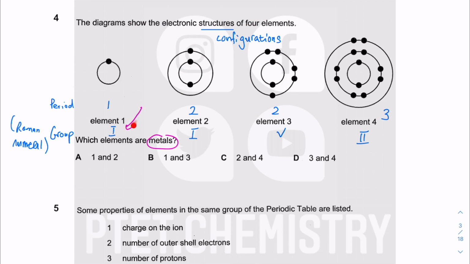usually we will associate it with metal. Usually metal, however, you need to be careful. Period 1, group I, only one electron. So we are looking at hydrogen. And when you look at hydrogen, you know that hydrogen does not form metallic bonds. It's your case study.